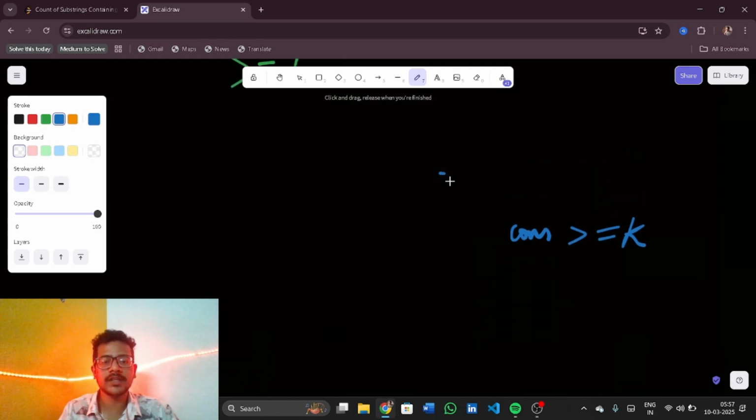For that, I will initialize a map which counts the number of vowels and their frequency. Now, I need mp.size to be equal to 5.